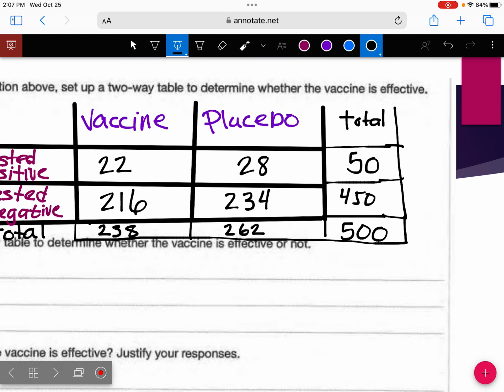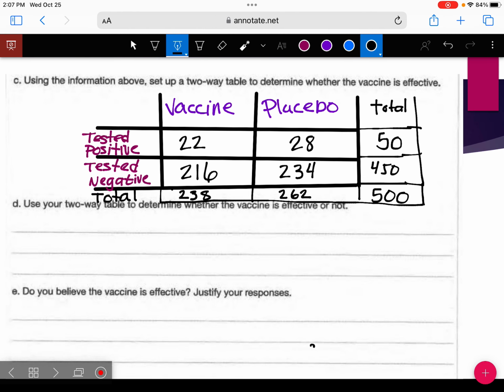So what we're going to do next, we're going to look at part D here, and we're going to see, very much like we did with the Titanic thing, what is the effectiveness of the vaccine? What percent of people who got the vaccine got malaria versus the placebo? So for our vaccine, I want to know what the percent is. 22 people out of 238.